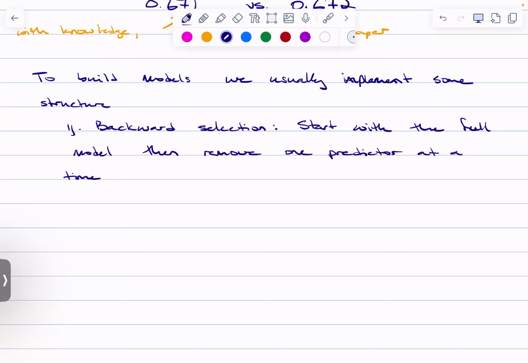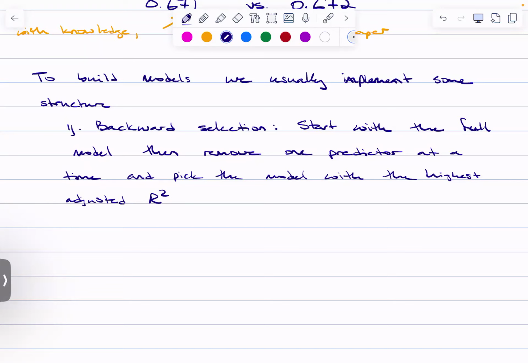It's understood that you're using the adjusted R-squared for multiple regression. In case I forget to say it, I'll try to be good. Then remove one predictor at a time and pick the model with the highest adjusted R-squared, assuming you're able to find a higher adjusted R-squared than the full model.